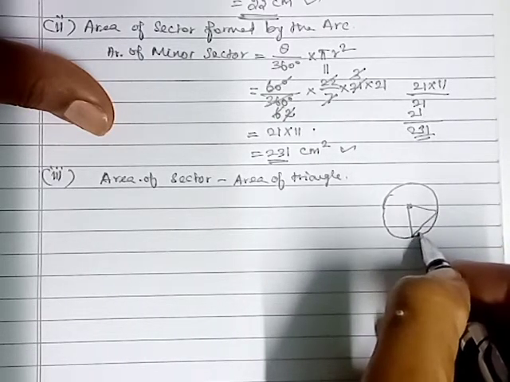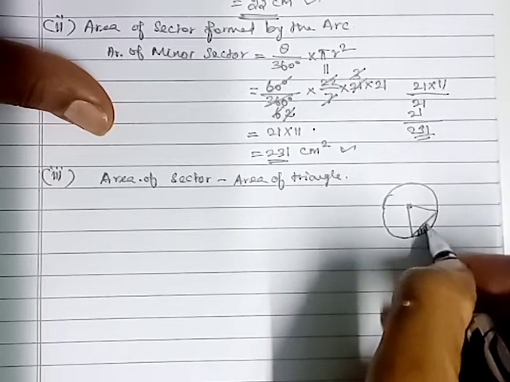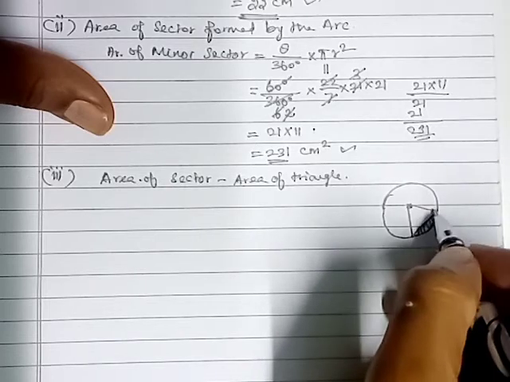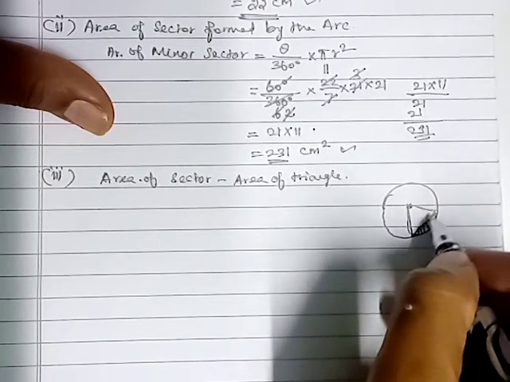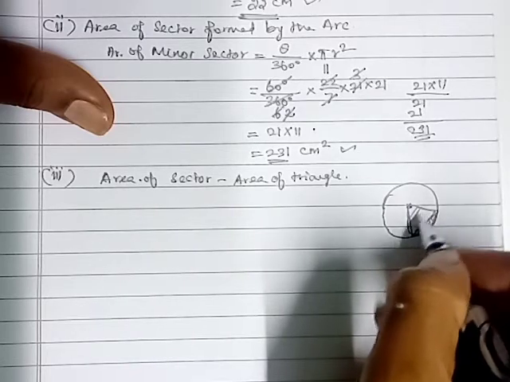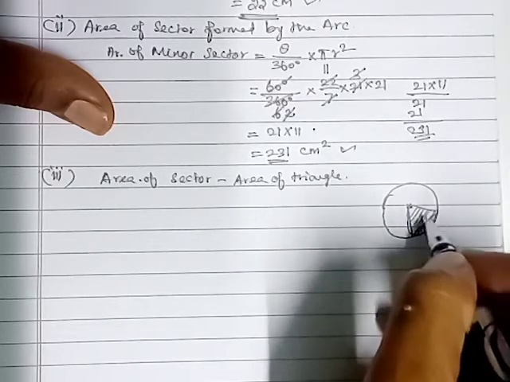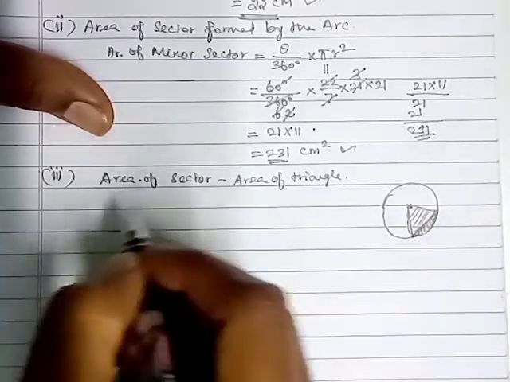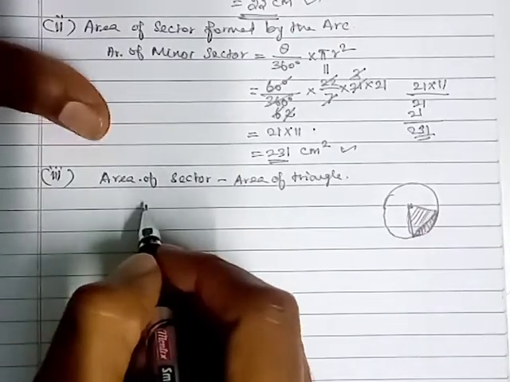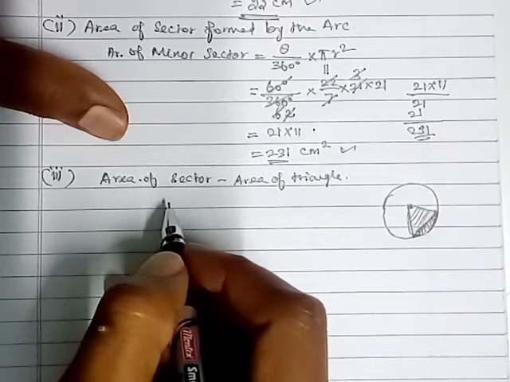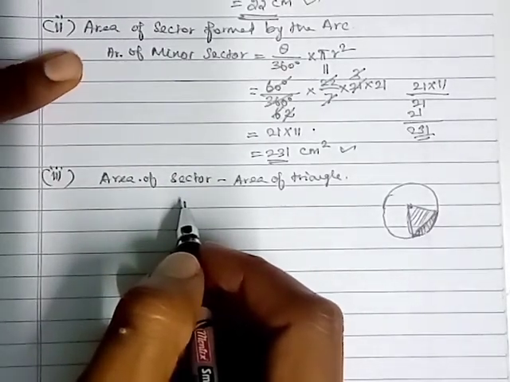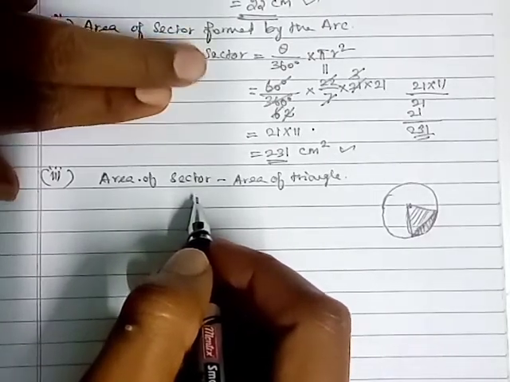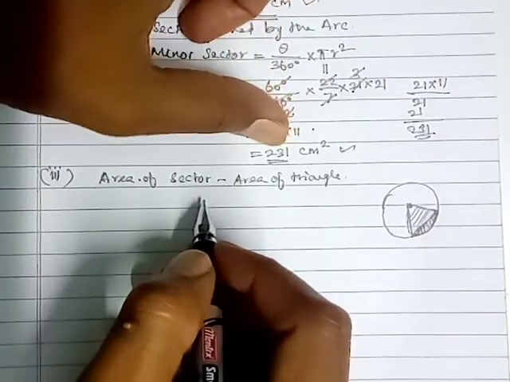How can we calculate this area? By finding this total area and subtracting this area. From the total area, if you subtract the area of the triangle, you will get this thing, right? Area of sector we already found, right? Area of sector formed by the arc is 231 centimeter square.